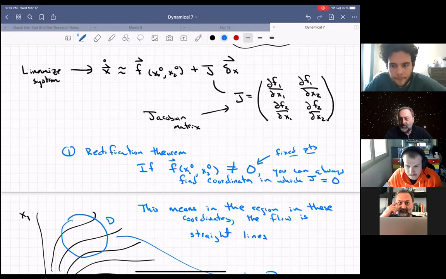Right, so it's tied into a whole lot of nonlinear systems, that as long as you don't have something happening which is drawing the points together, you can always find some sufficiently small region for which you can rectify the flow. Now, you might not be able to rectify the flow across the entire region, but you can always find some small region where you can make the field lines or the flow lines go straight.